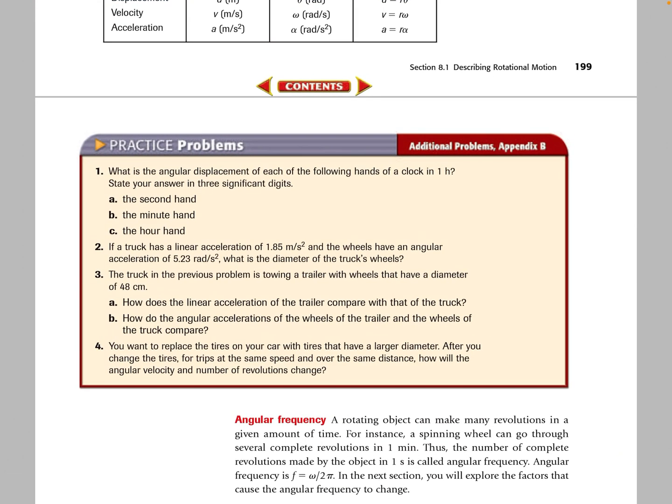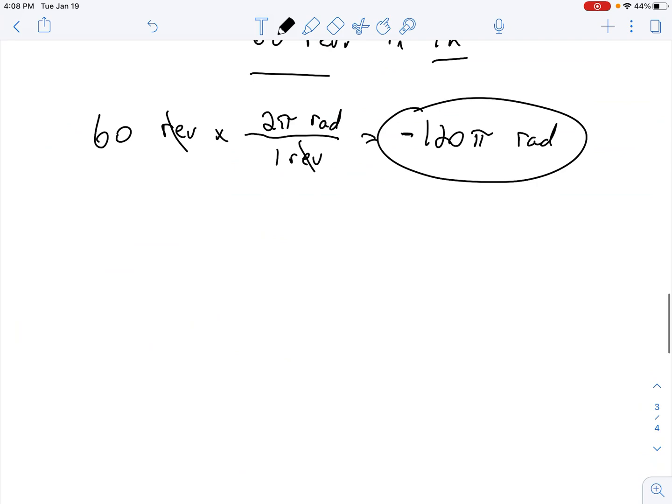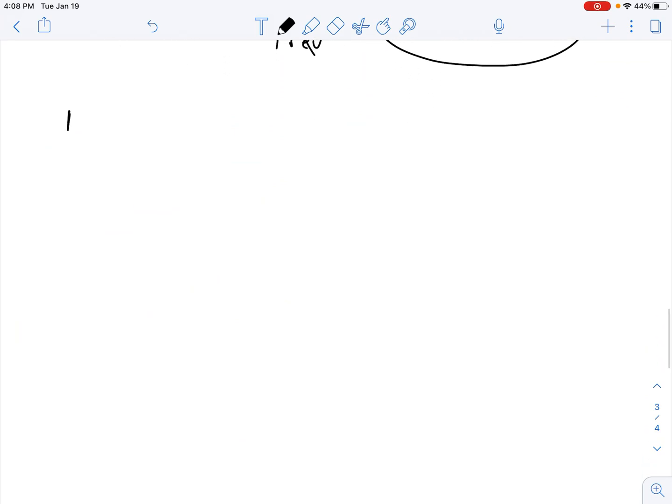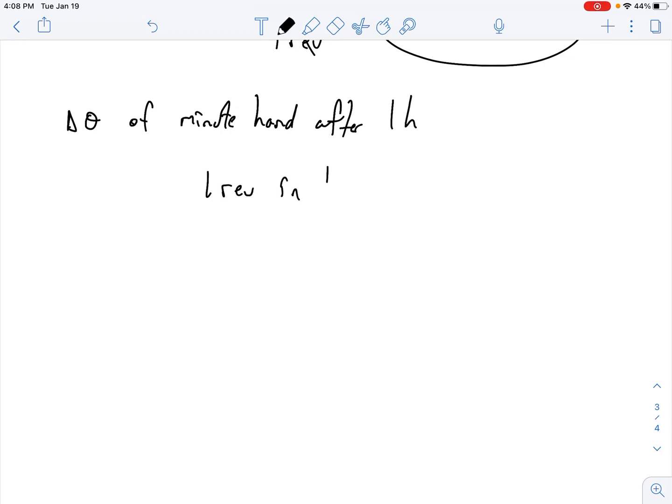Part B. They want us to do the same thing but with the minute hand. What is the angular displacement of the minute hand after 1 hour? So we want to know the displacement of the minute hand after 1 hour. Well, the minute hand is going to make 1 revolution in 1 hour. When the minute hand goes all the way around, that will mean it's taken 1 hour.